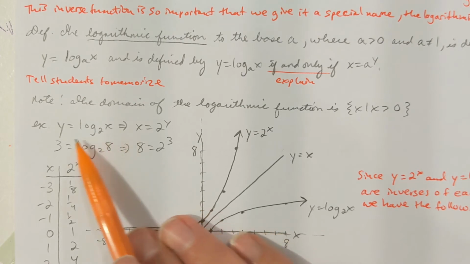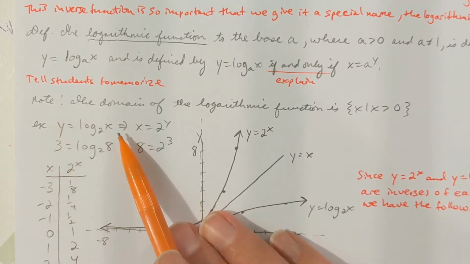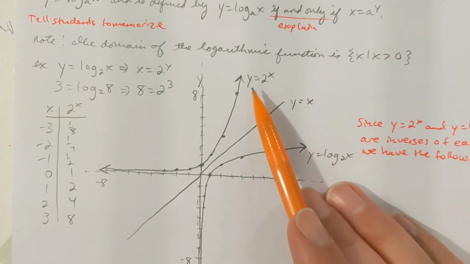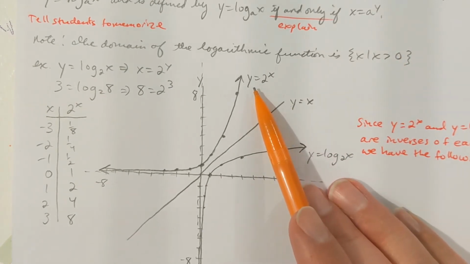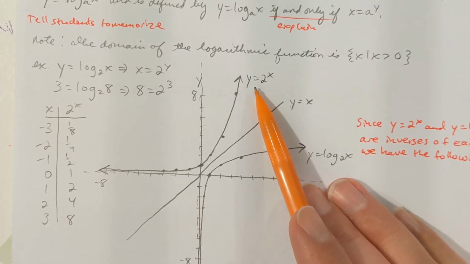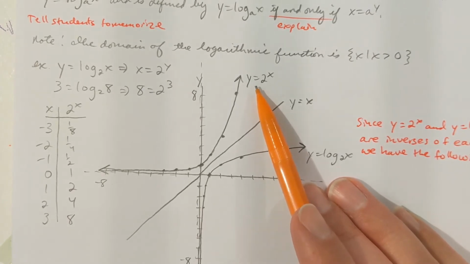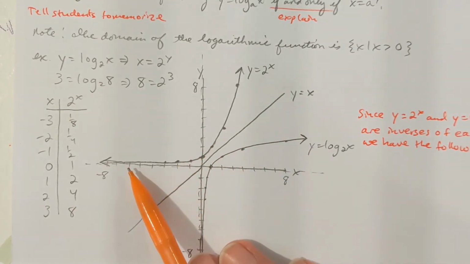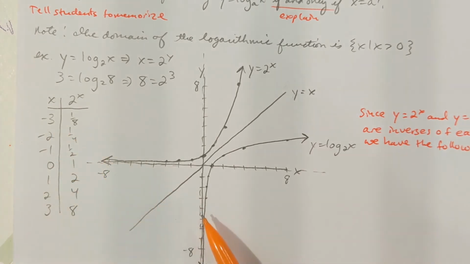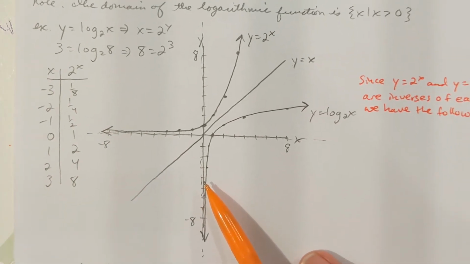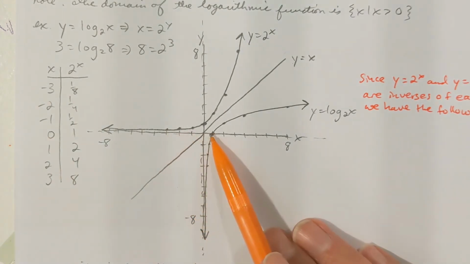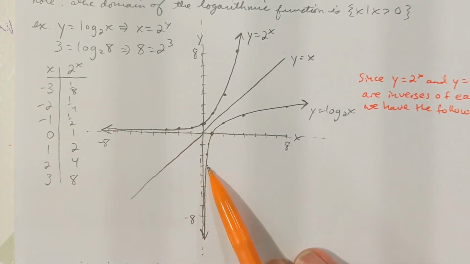Okay, so if I want to graph y equals log base 2 of x, I'm going to have to graph the inverse function of y equals 2 to the x. Okay, there I'm saying the word inverse again. Inverse is all about switching x and y. Well, with the points that I've got plotted, let me go ahead and switch the x and y coordinates, and I'll plot those new points. Okay, let me do that now. So negative 3, 1/8 is now going to be at 1/8, negative 3.